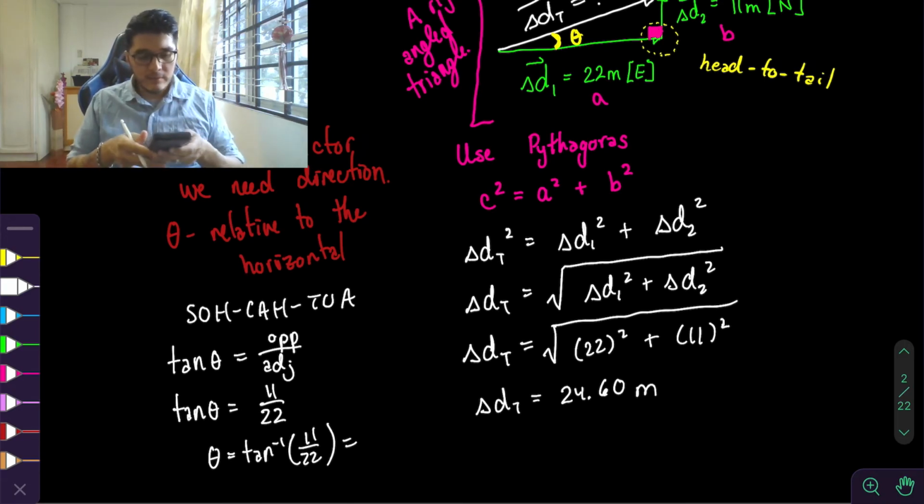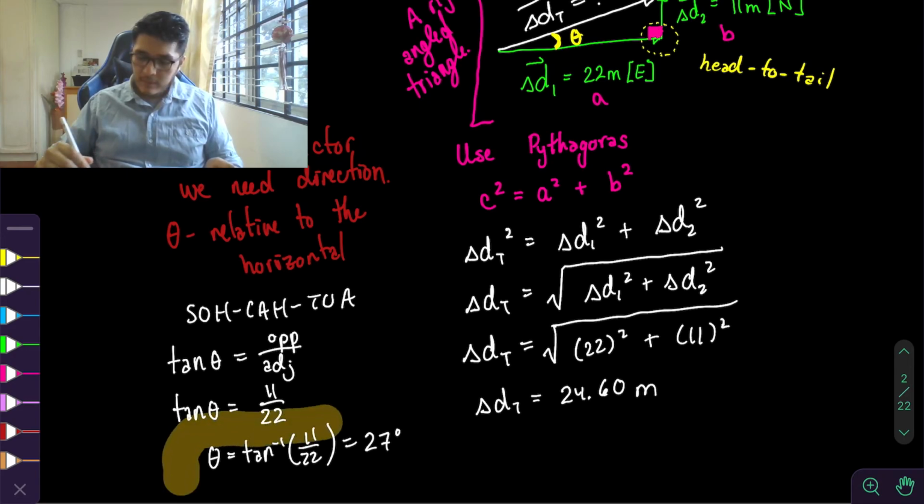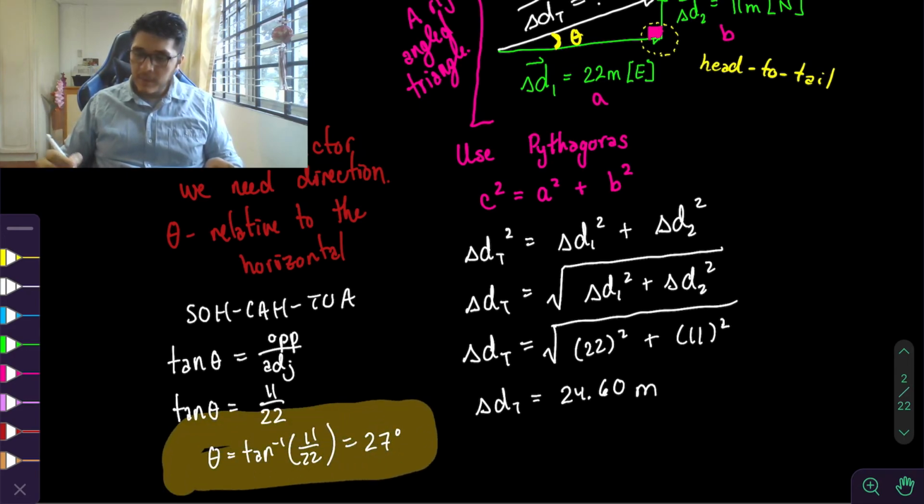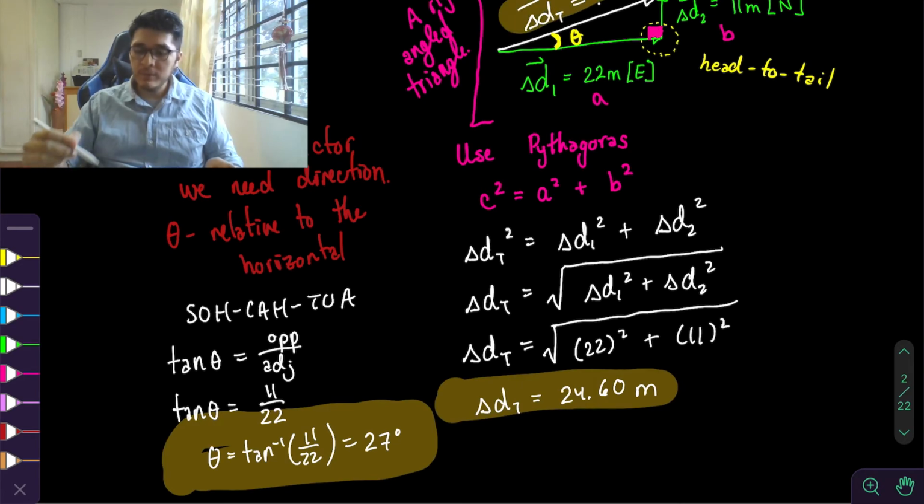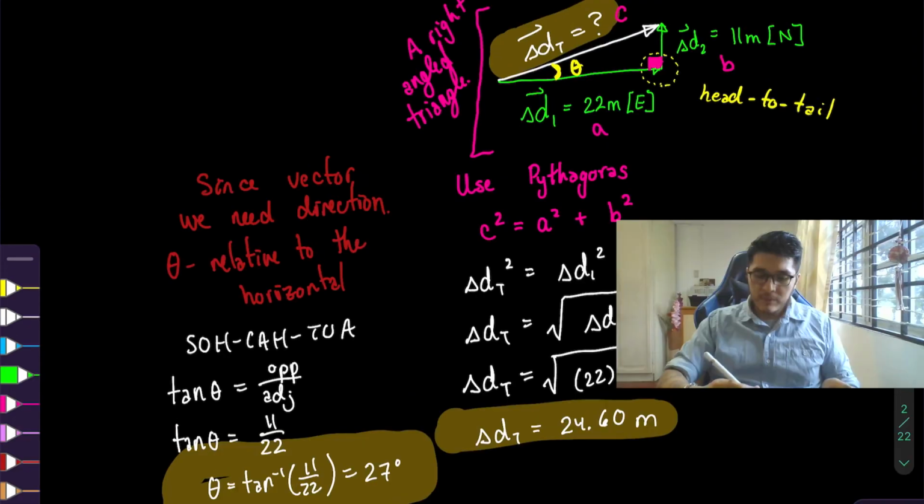Okay, let's calculate this. Which is about 27 degrees. Good. So we needed to find the direction and the magnitude in order to fully describe the total displacement, and now we can write it as a single expression. So our total displacement is 24.6 meters.